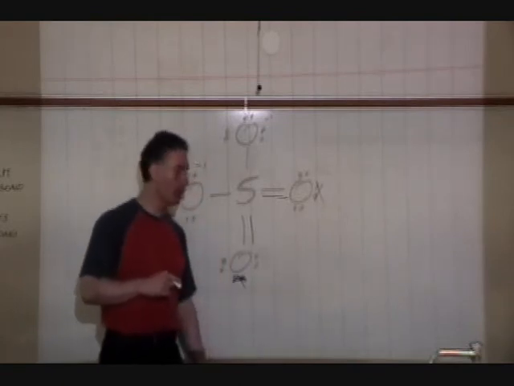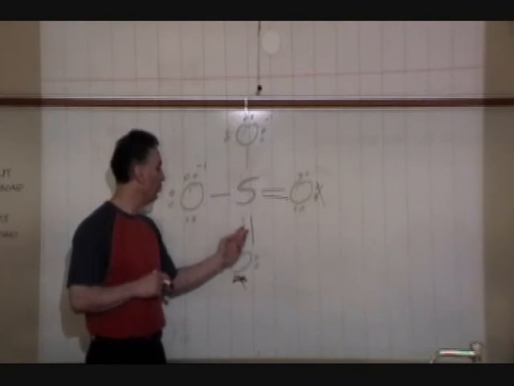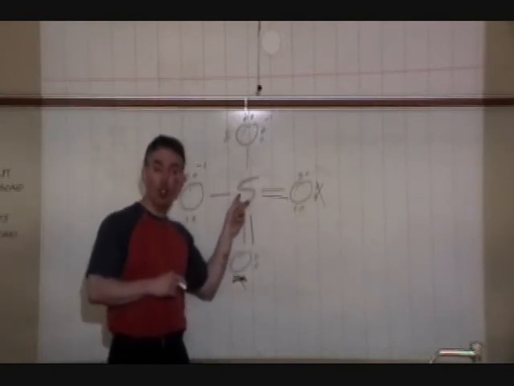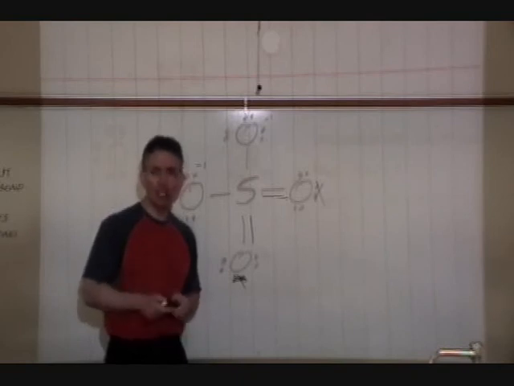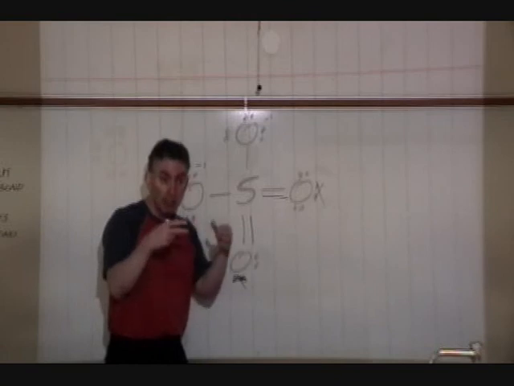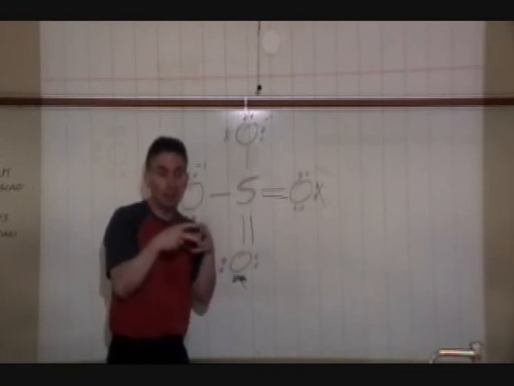What about shape? We've got 1, 2, 3, 4 chemical bonds around this central atom. 2 of them are double bonds, but we don't count double bonds twice, because it's just double the electrons, but they're still packed in between those 2 atoms.